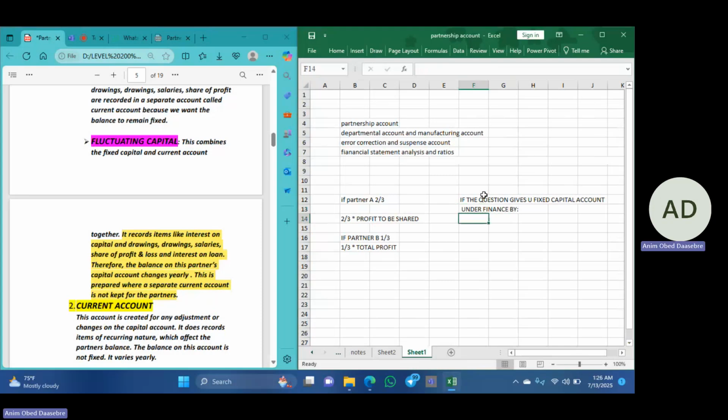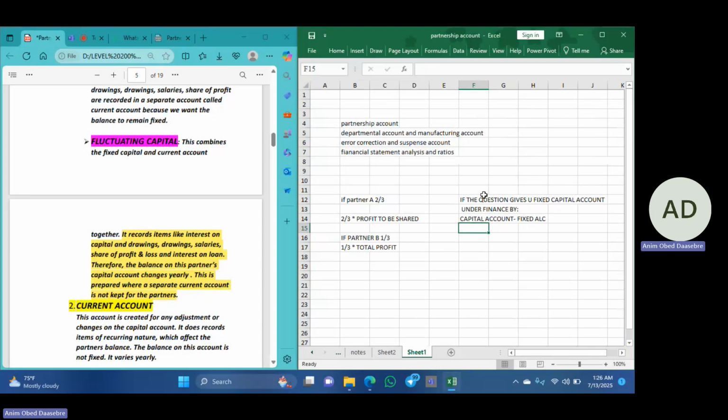You record for the fixed capital account, you record the capital account balance. That is the fixed account itself, plus the current accounts that you calculate, the current account that you open.